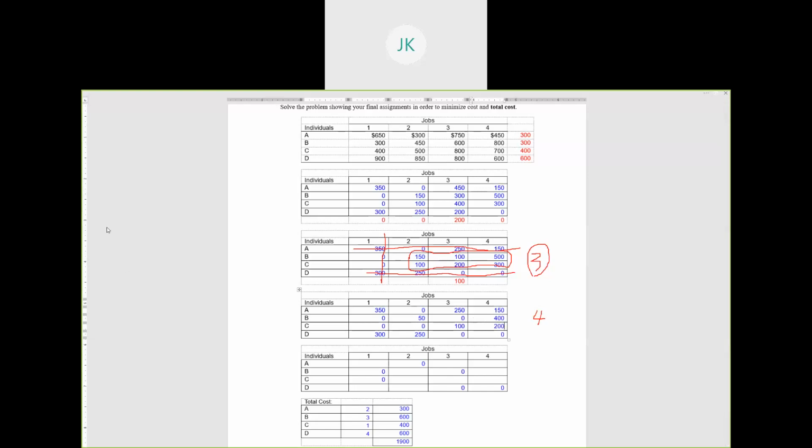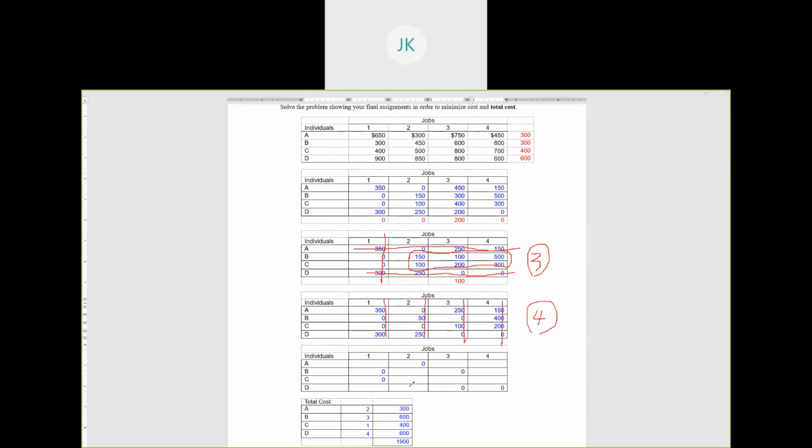And the same, try to cover the 0s using lines. Here there are 2, so cover, and there are 2, cover, there are 2, cover, and this one covers, so 4 lines.